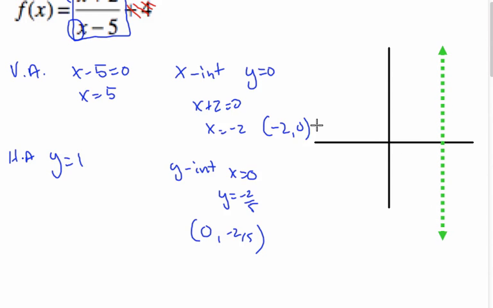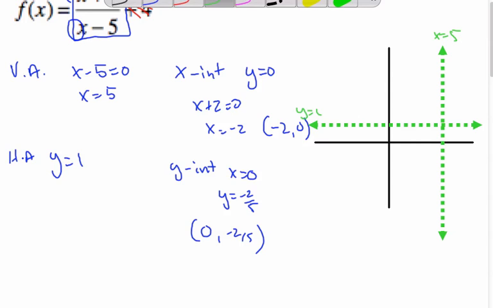My horizontal asymptote is y equals 1, and x equals 5. I also have an x-intercept at negative 2, which is about here, and a y-intercept at negative 2 fifths, which is about there.